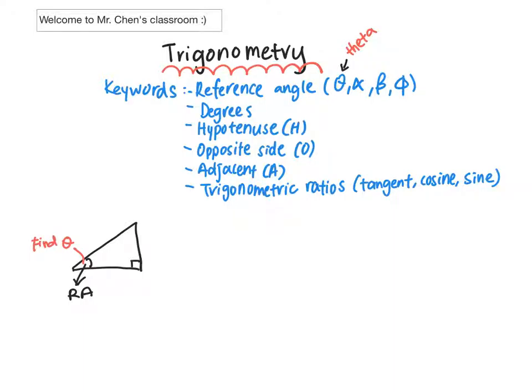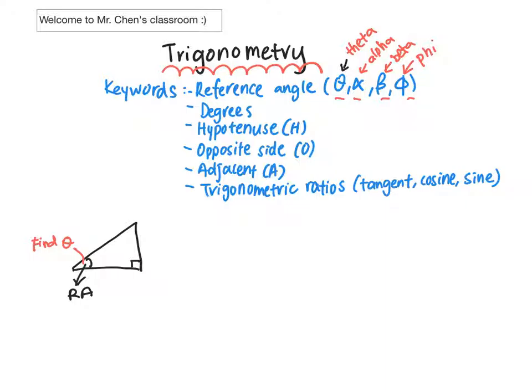The second one, instead of using theta, sometimes we use alpha. They're basically the same thing, just different symbols for it. The third one is beta, and the last one is phi. All of these four can be replaced with each other.